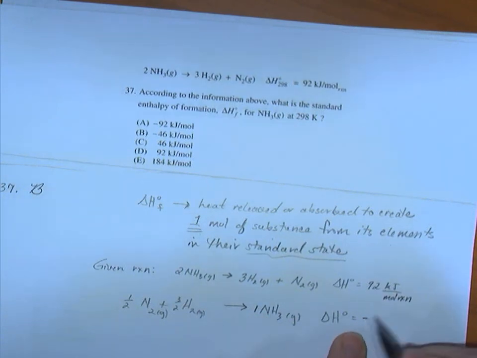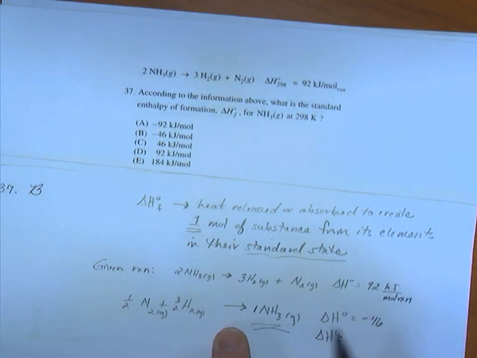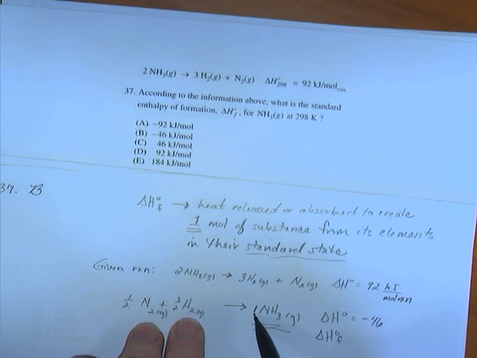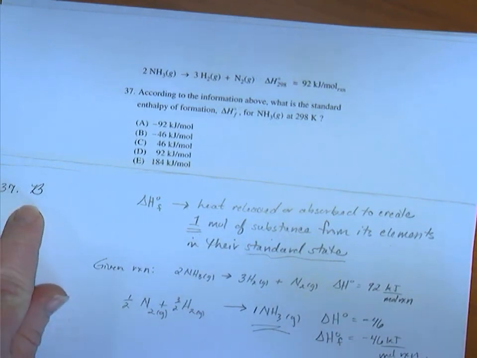So that means we have to do the same here. So then the enthalpy of reaction, which represents the enthalpy of formation of ammonia, because we're making 1 mole of it from its elements in their reference form, is -46 kilojoules per mole of reaction. And that is choice B.